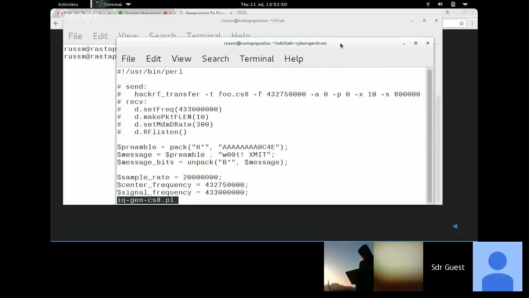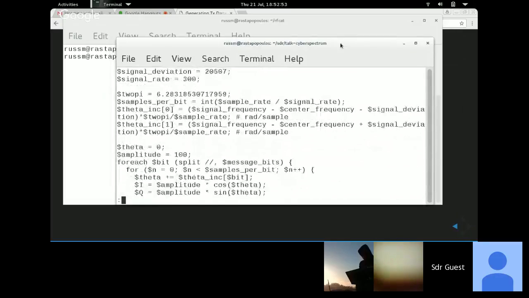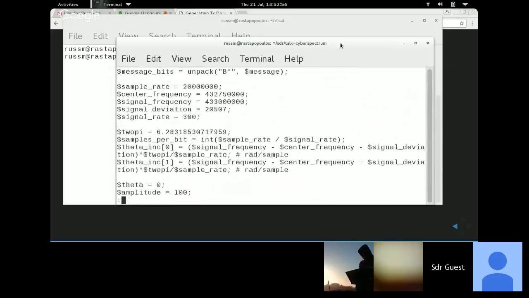So this is that Perl program, the little thing that it is.